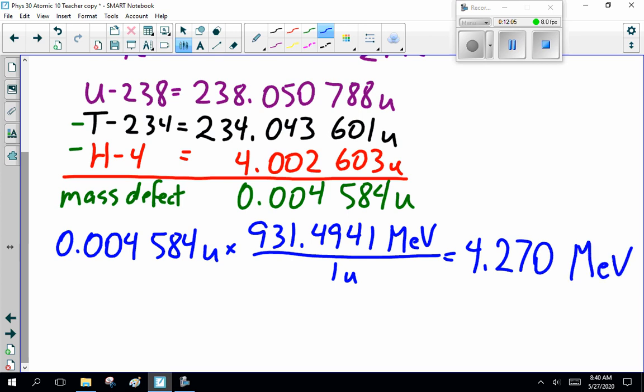So that's the kinetic energy of the alpha particle. Sorry, I'll stop for a moment, just make certain you got that. Standard mass defect, turn that mass defect into energy. We use the shortcut rather than doing E equals mc squared.